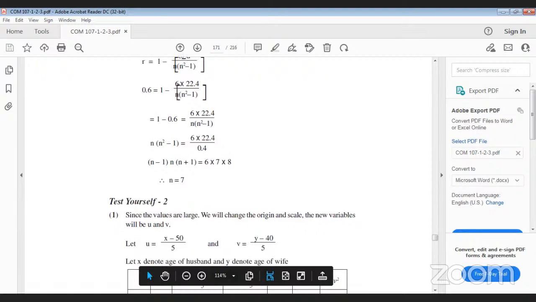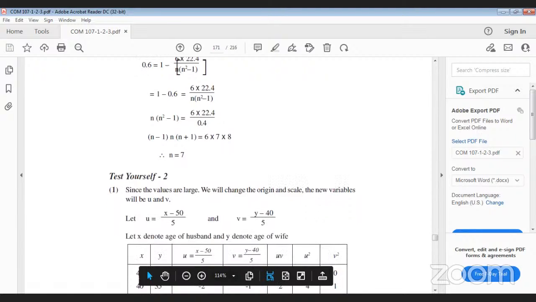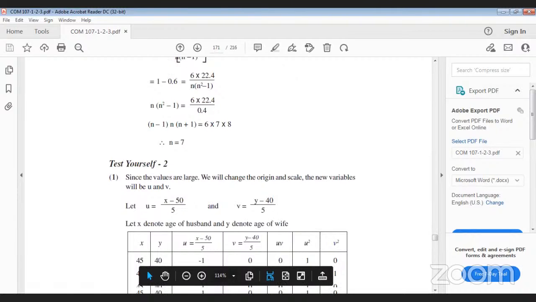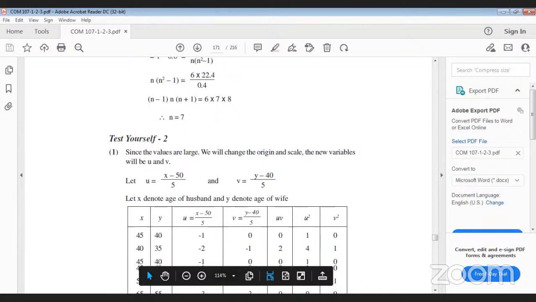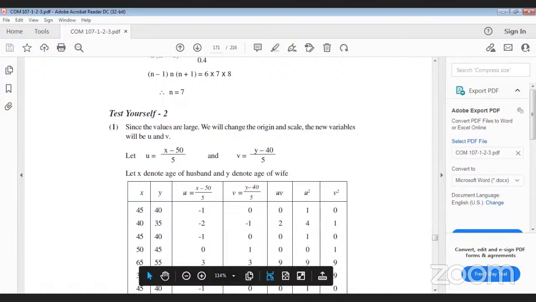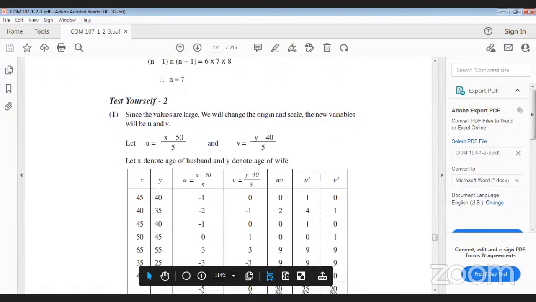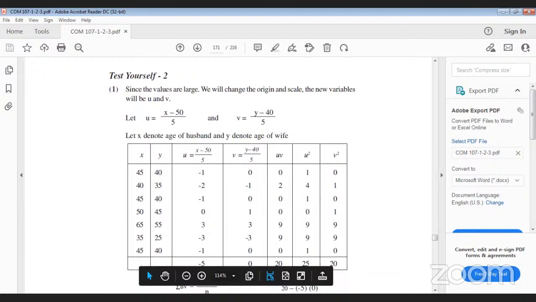Since the values are large, we will change the origin and scale, and the new variable will be u. Now let x denote the age of husband and y denote the age of wife. Some numbers are given here, x: 45, 40, 45, 50, 65, 35, 45.